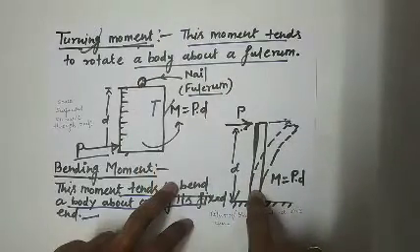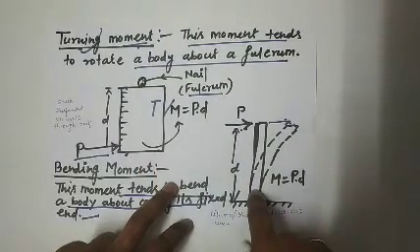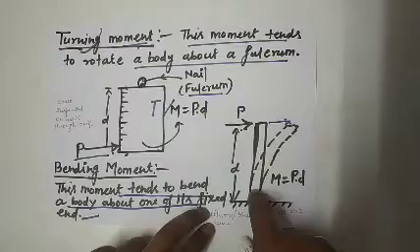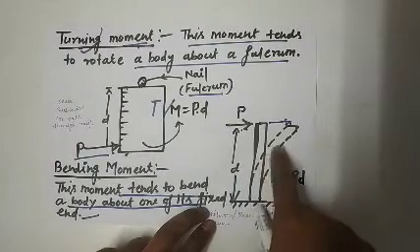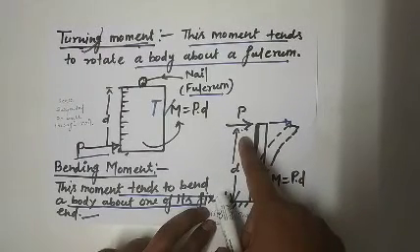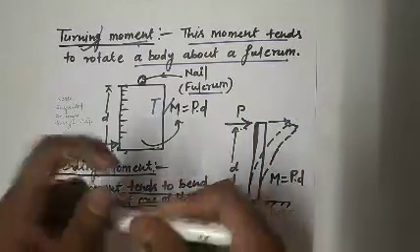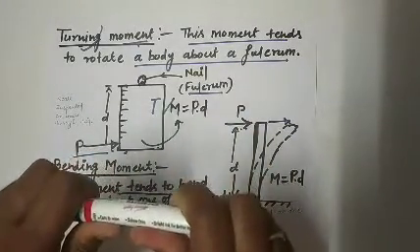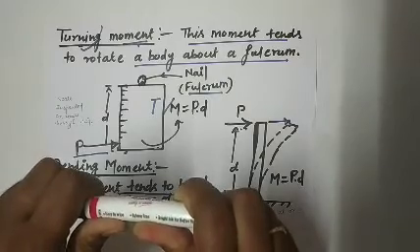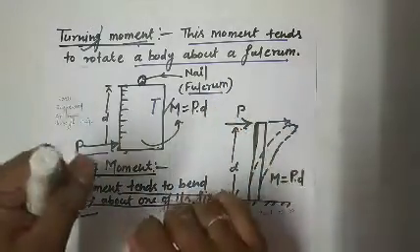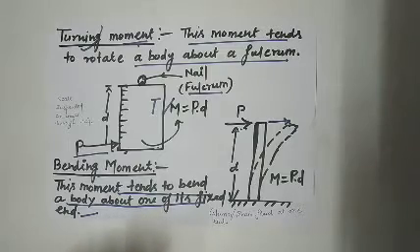But here it is not happening. The body's shape is changed due to this force P. Like a three rupee pin bent like this due to the force, this curvature. Clear?